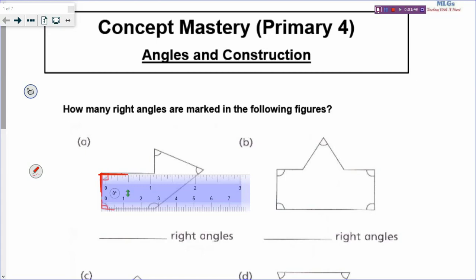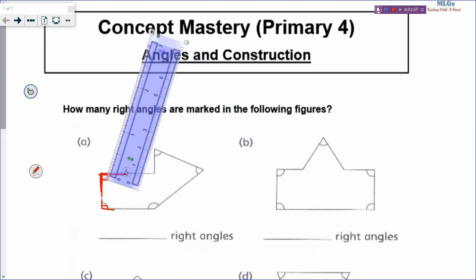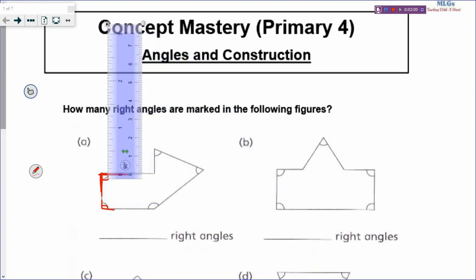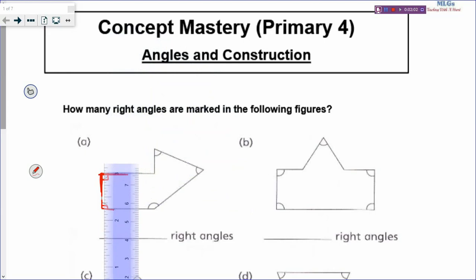So if you see the L shape fit nicely onto the corner of the ruler, then that is your right angle. Now you can also turn the ruler the other way and put it on the other red line, and you can see it also forms an L shape. So this is a right angle.